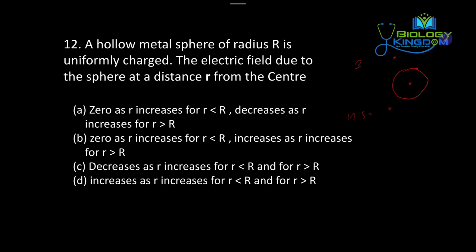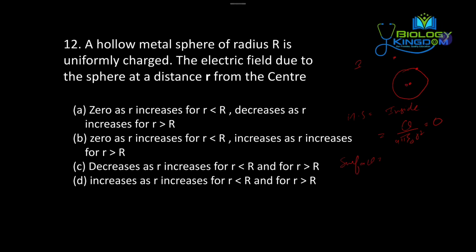We know that for a hollow sphere, the electric field is q by 4 pi epsilon naught r square, and inside q is 0, so the field is 0. For a hollow sphere the field inside is 0.